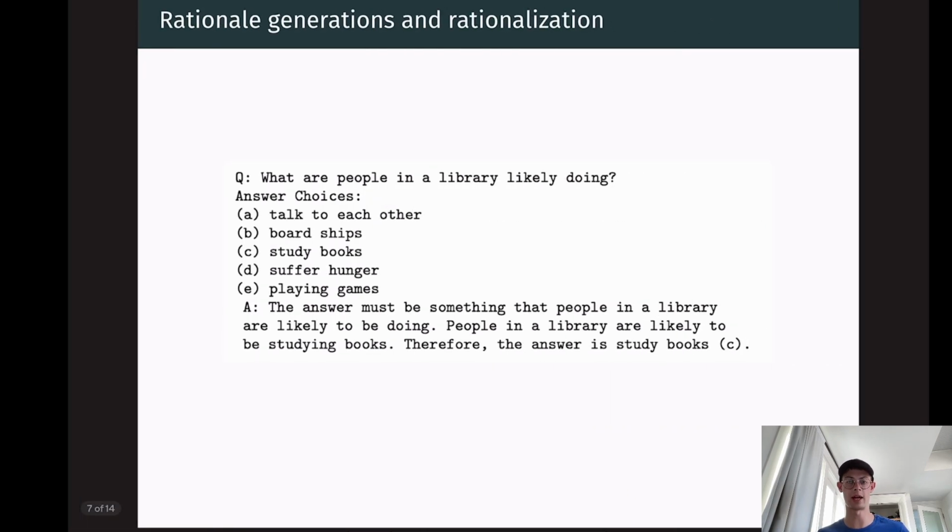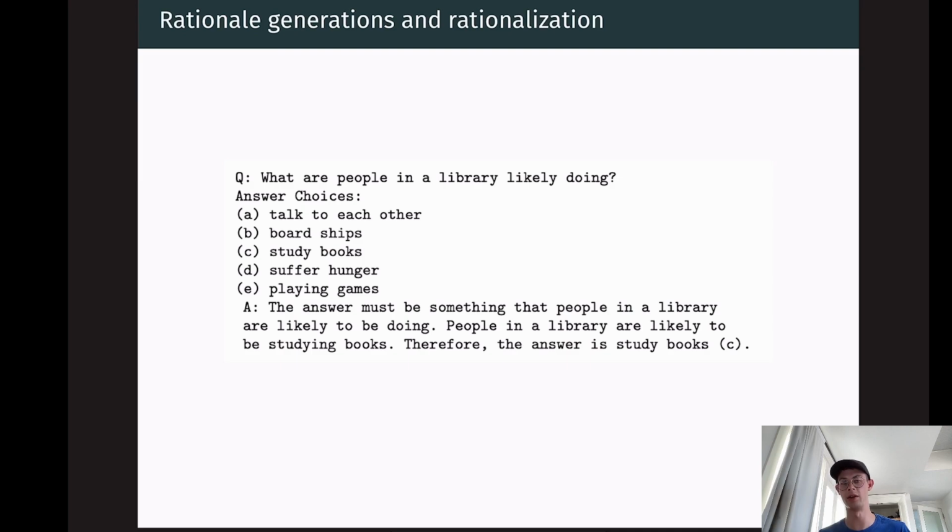So let's have a look at what rationale generation is and what rationalization is. We can see here that we've got a question and an answer from the STaR paper, and the question is, what are people in a library likely doing? So an LLM could be instructed in one scenario just to directly give an answer.